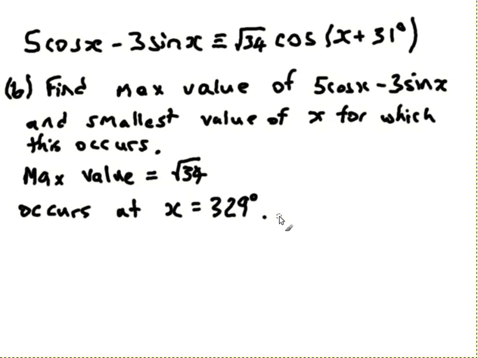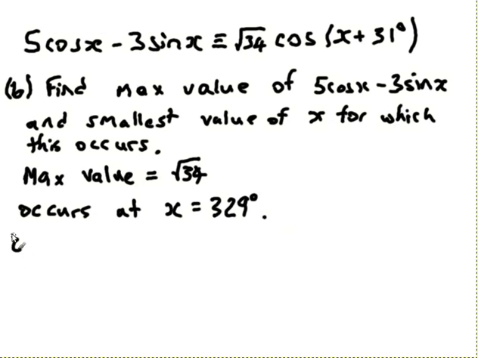And you can check that on a calculator as well. If you now do 329 plus 31, you'll have 360, and cos of 360, sure enough, is 1. Times it by root 34, yes, you've got the maximum value, which is root 34. And so that's why this special format is so convenient.